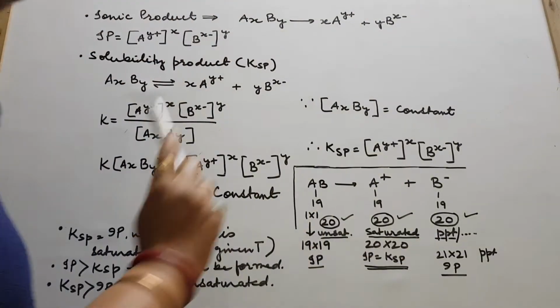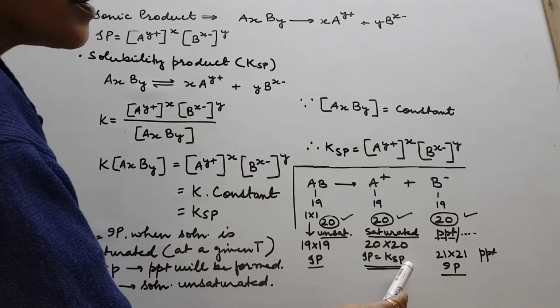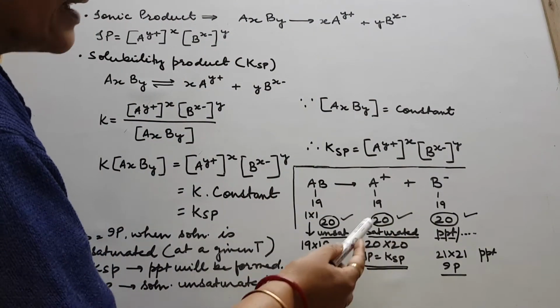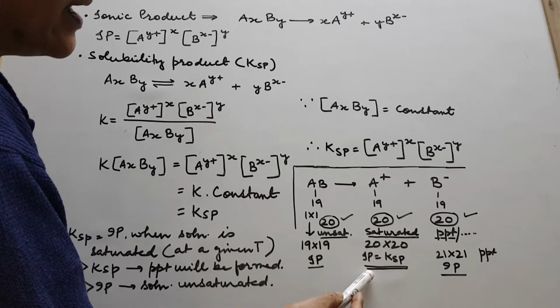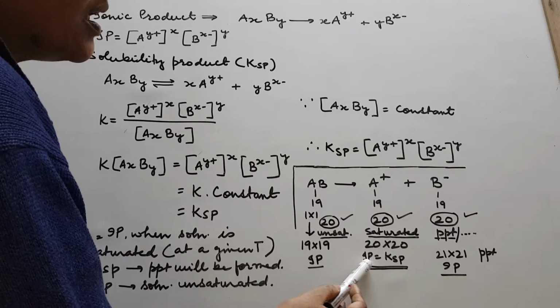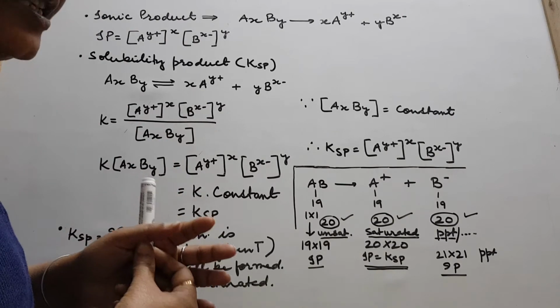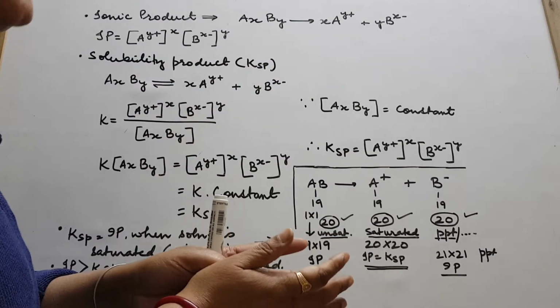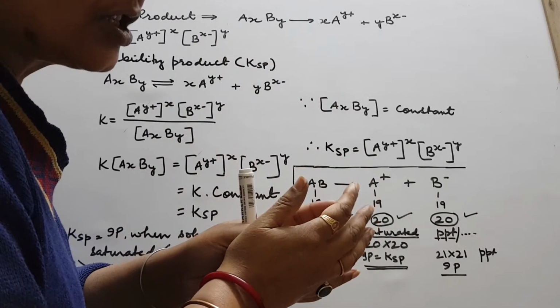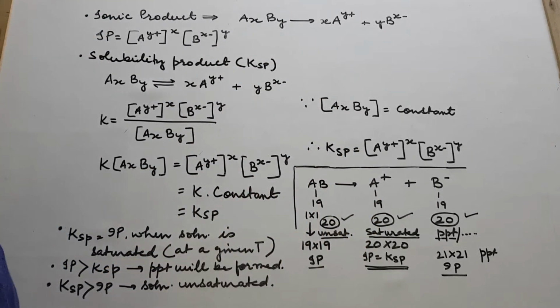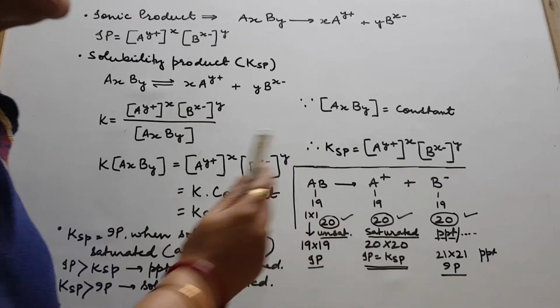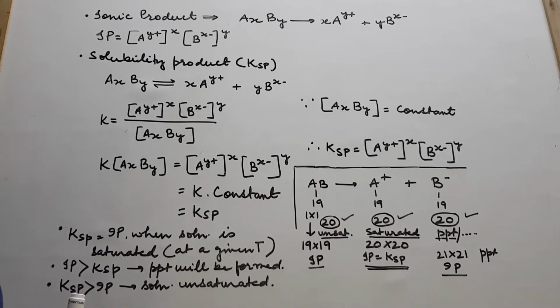It is also IP. But you see, at this point of time when the solution was saturated, the same IP is also called your solubility product. What is solubility product? Nothing but the IP, the ionic product, when the solution is saturated. So it gives you an idea about the solubility of the salt.